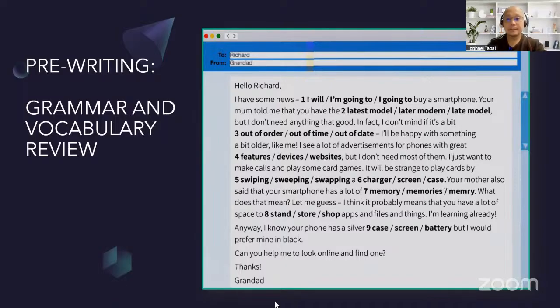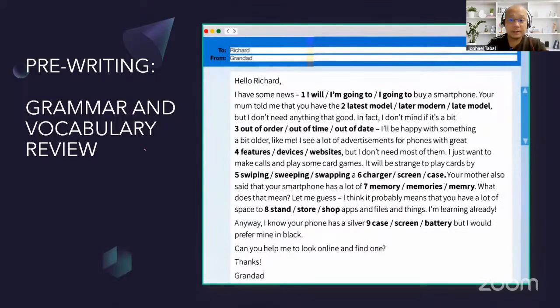Okay. Now let's check another vocab here. I'd like you to choose the correct answer. For example, hello, Richard, I have some news. And the answer here is, I'm going to buy a smartphone. Now, going to means future plan, very sure, like 100% sure, okay?